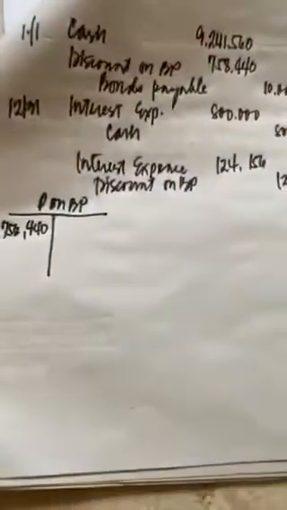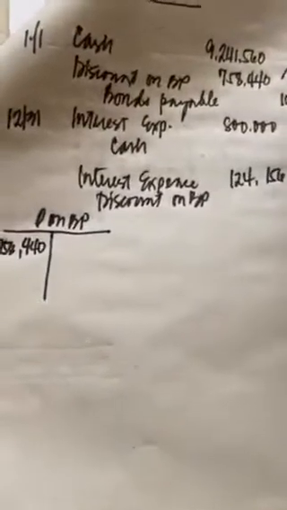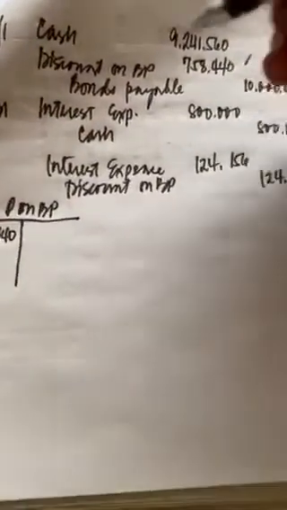If you try to monitor and prepare the T-account analysis for the discount on bonds payable, first you debited the discount for 758,440. And then there was a credit to discount of 124,156.